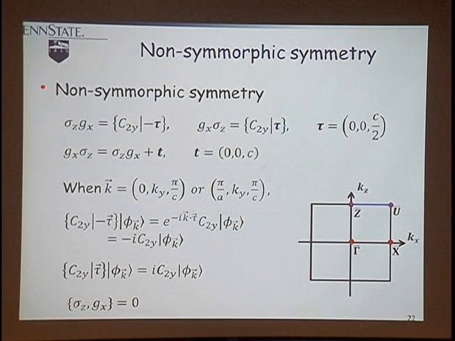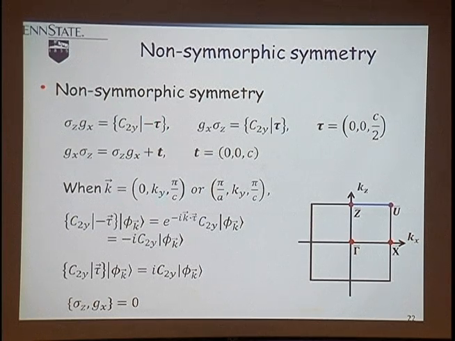If you act on a Bloch wave function of the system with gx sigma z, or with sigma z gx, what you will find is that there is this k dot tau factor, which comes from the half translation.